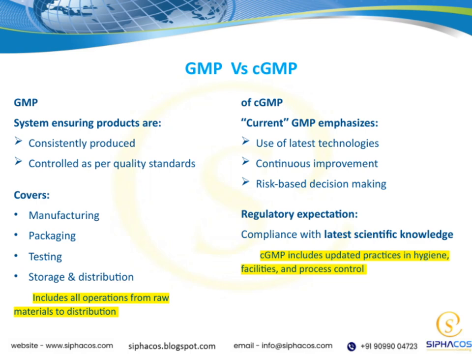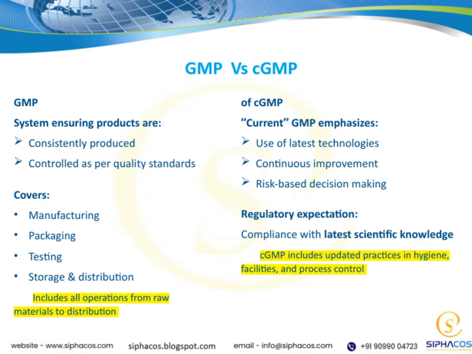Now, from a regulatory perspective, the expectation is that we comply with the most recent scientific knowledge. This means our practices must evolve as science advances. For example, cGMP includes updated practices related to hygiene, facilities, and process control, reflecting the latest standards and innovations.